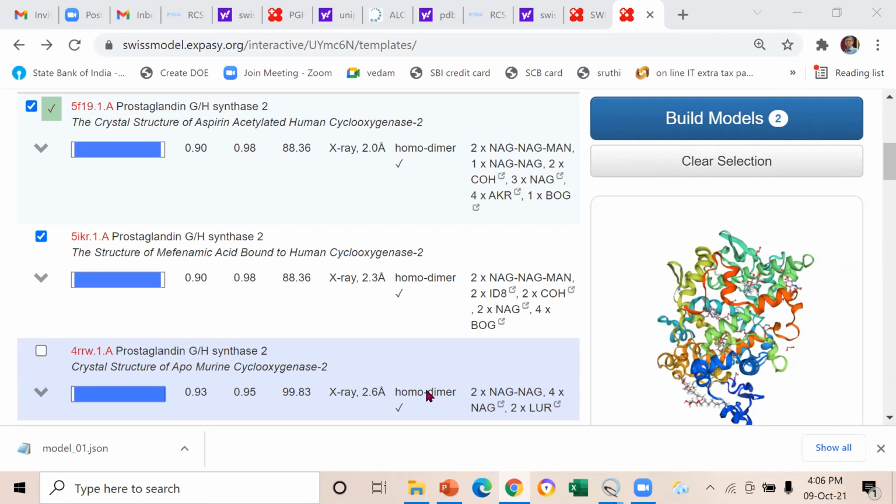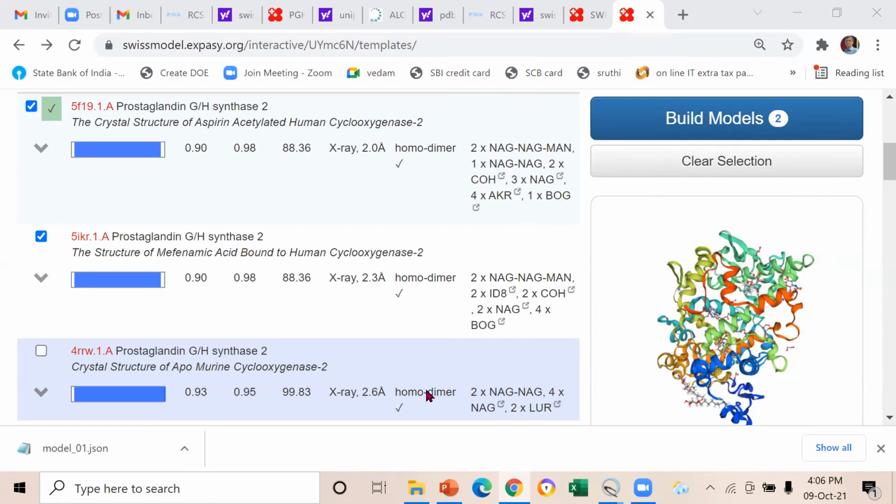One is, in many cases I will not have the 3D structure, PDB structure, for a human target. I may have it from a rat or mouse or something. So either I use it or I try to model for the human based on the amino acid sequence.